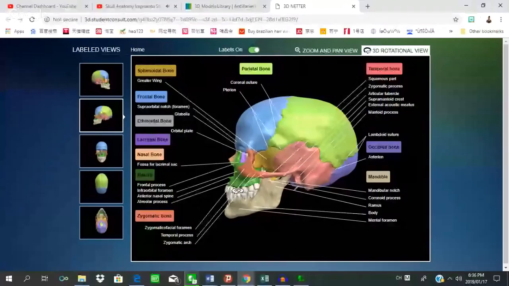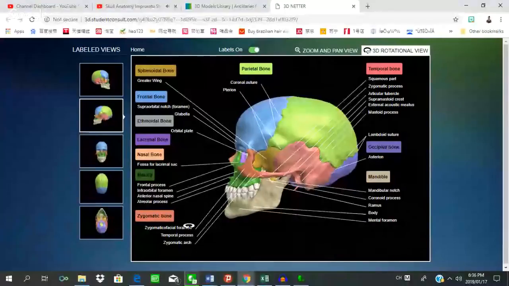These alveolar processes overlap where the teeth are going to be and constitute the sockets of the teeth. So that's that aspect. Then you have quite an interesting bone here.